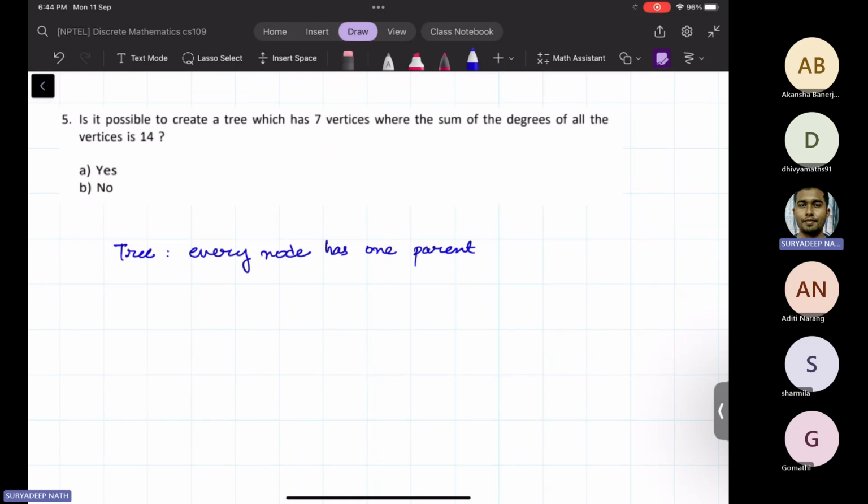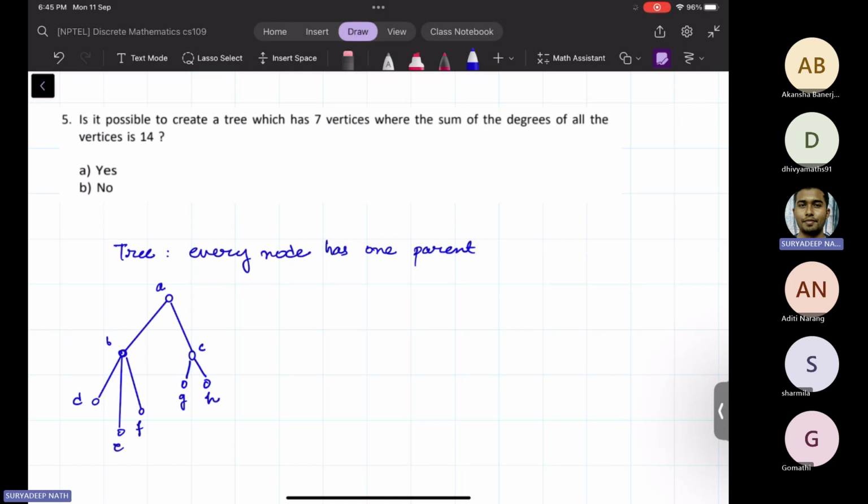So you have, let's say, a root node. It can have many children, but there will be only one parent. So you can have 3 from here. So this is an example of a tree. Let's say I call it a b c d e f g h.